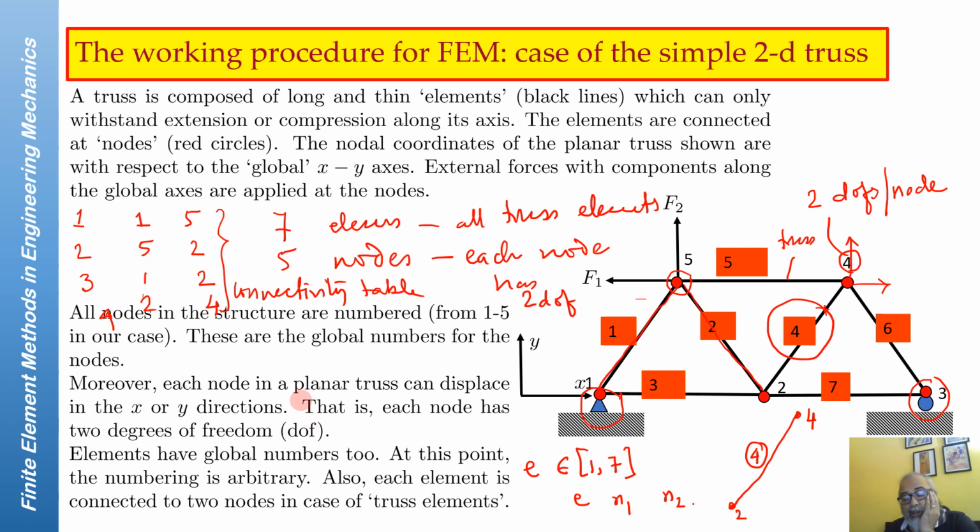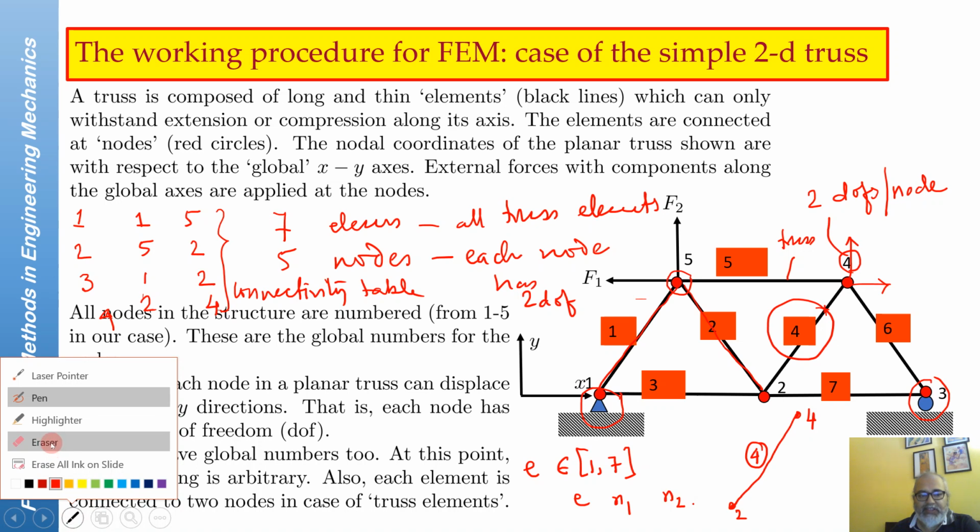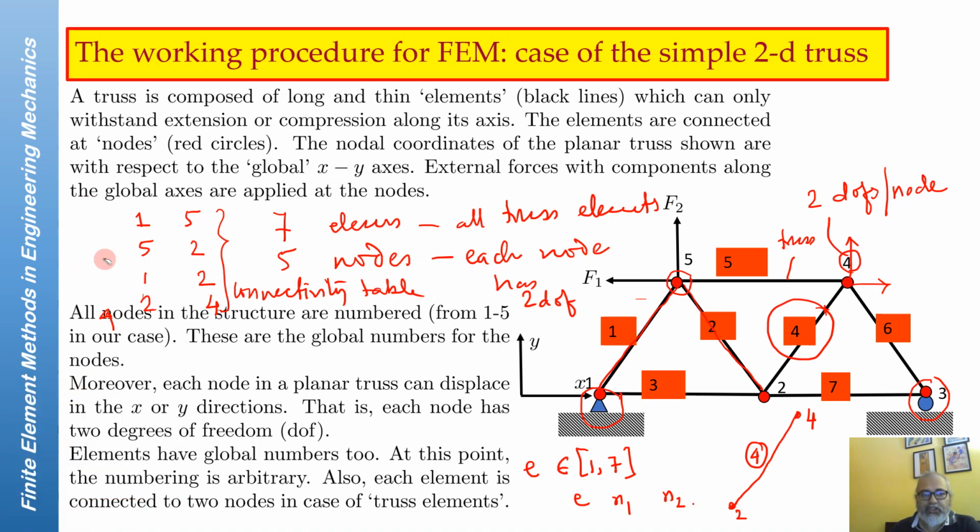Okay, now the other thing that we need to define this structure are the coordinates of the nodes. So we need the nodal coordinates. That also has to be specified by the user.